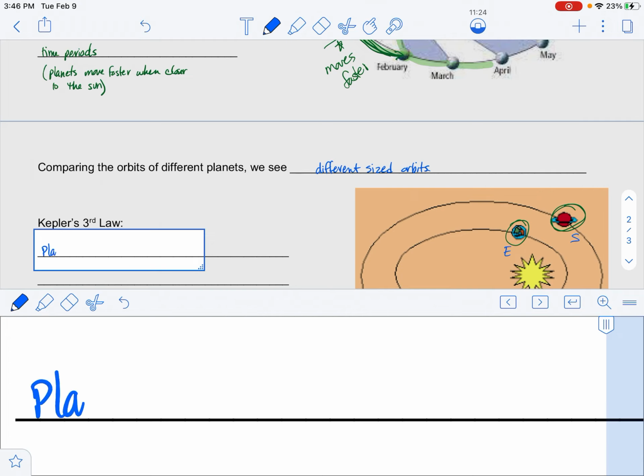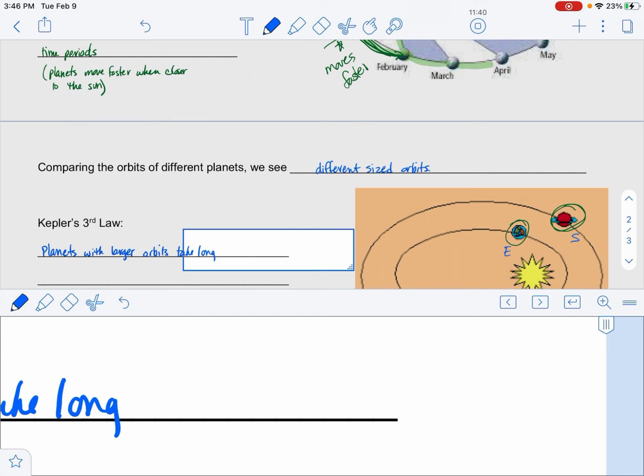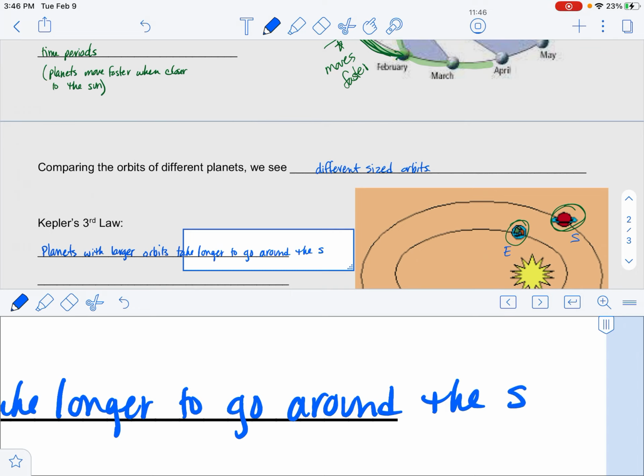So we're going to say planets with larger orbits take longer to go around the sun. Oh, I lost my line, didn't I? Okay? Planets with larger orbits take longer to go around the sun.